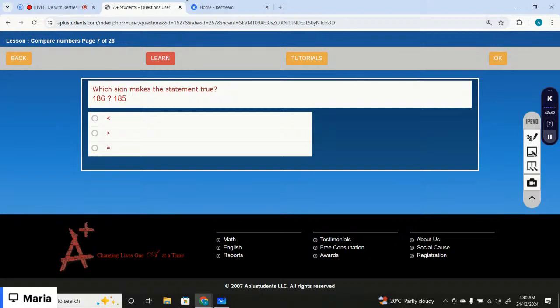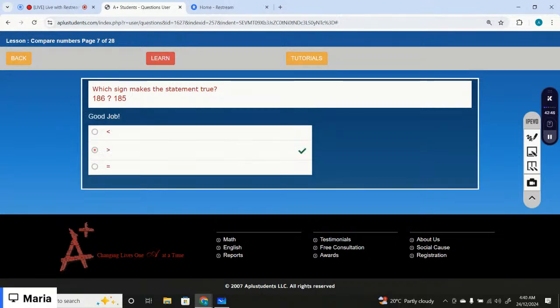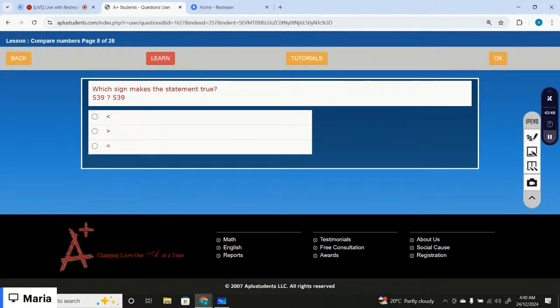That is 186 is greater than 185. 539 is equal to 539. Okay, you can complete the lesson by yourself later today.